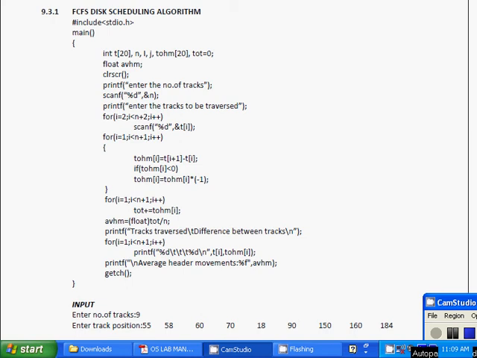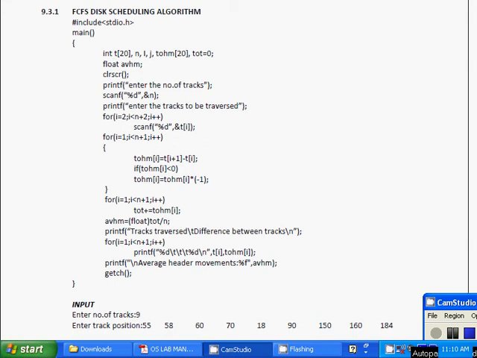The request specifies several pieces of information, such as whether this operation is input or output, what the disk address for the transfer is, what the memory address for the transfer is, and what the number of bytes to be transferred is. If the desired disk drive and controller are available, the request can be serviced immediately.